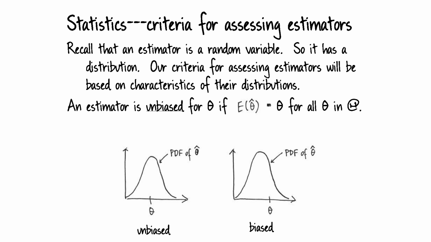So we can talk about characteristics of that distribution. Here is a particular distribution of an estimator theta hat, and this one I've drawn so that it's unbiased. Here's a particular distribution of a different theta hat, and I've drawn it so it's biased. Okay? So the expectation for the second estimator is not equal to theta, so it's a biased estimator.